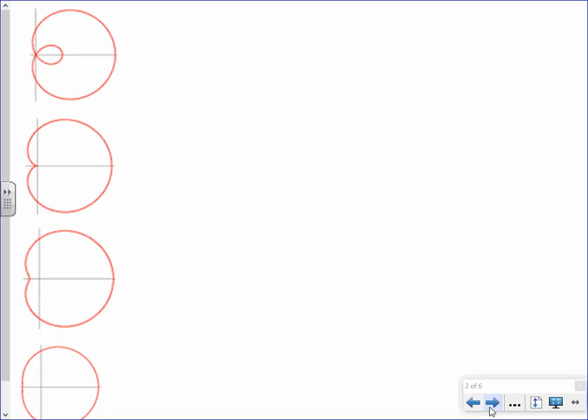All of these are A plus B cosine theta, but if we have different versions of limaçons, they'll just be oriented a little bit differently. These are our 4 types. That first one, what does it contain? It has a loop. We're going to call it a loop limaçon.